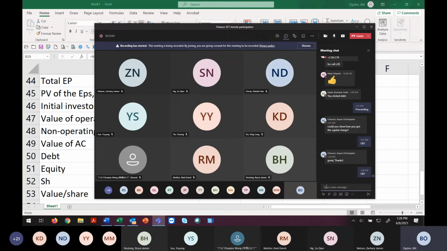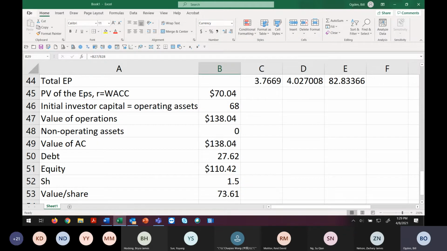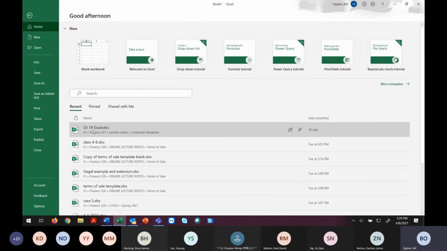All right, then if you would please, go to Canvas and download the file that's in this unit. It's called, yeah, Chapter CH19XL.